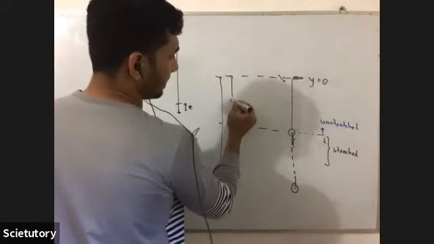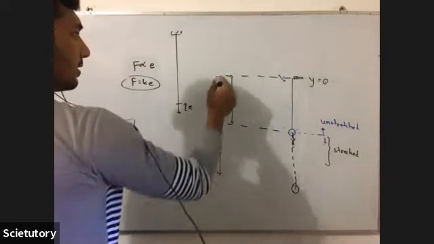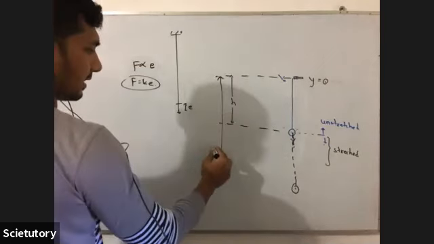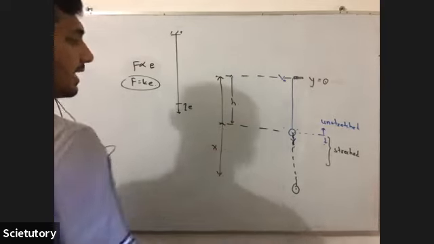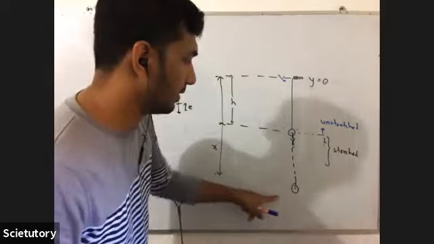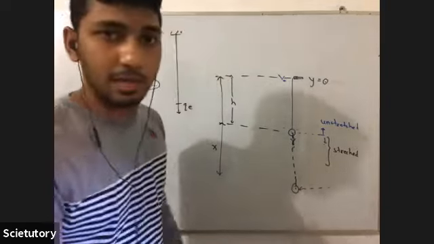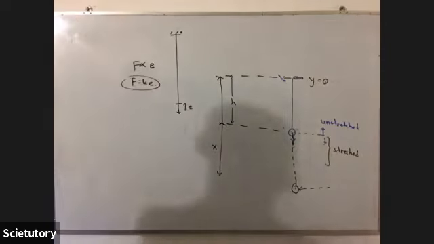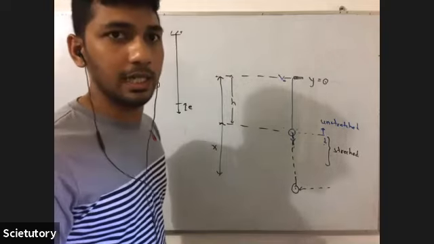If it is given as h, this is h, and this is x. Find x. Can you write an equation to find the y coordinate of the lowermost point? So I'm giving you a question. How can you apply the law of conservation of energy?